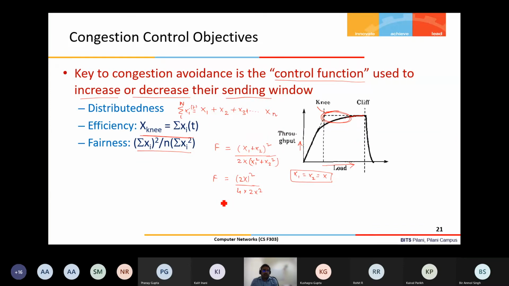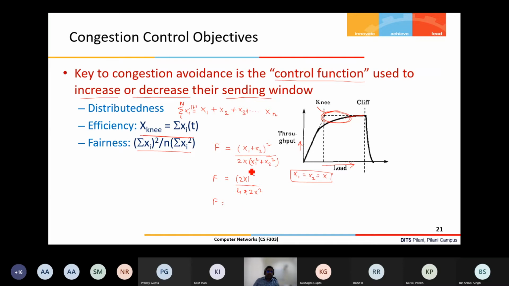Okay, we've made some mistake. Just a moment. 2x whole square, x1 plus x2. It should come to 1 in this case. Fairness index should come to 1.